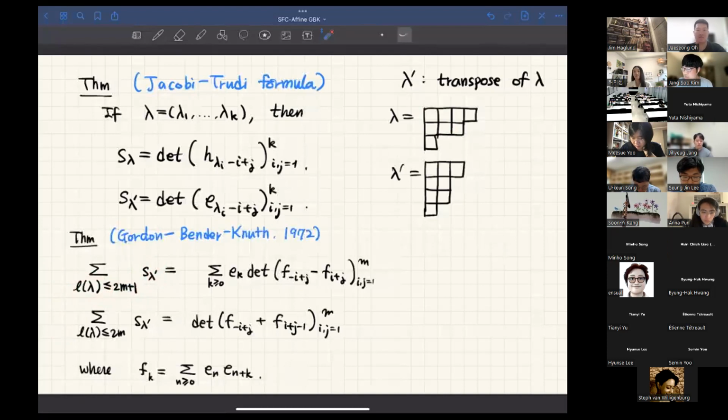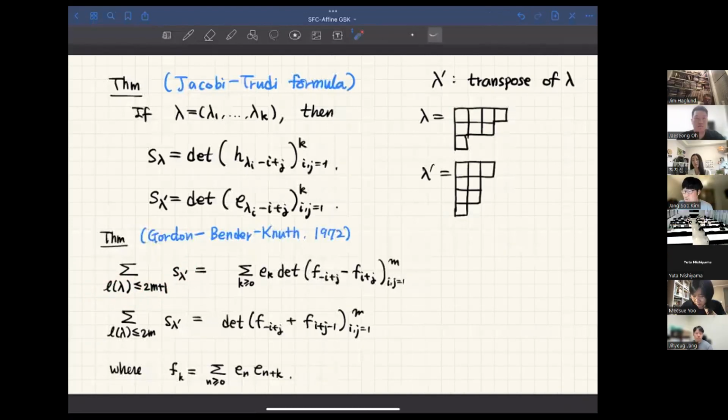So you can think of this as the generating function for all semi-standard Young tableau with bounded width. And this is written in this way, where this is the elementary symmetric function, and f is the sum of the product of two elementary symmetric functions where their indices have the same difference.